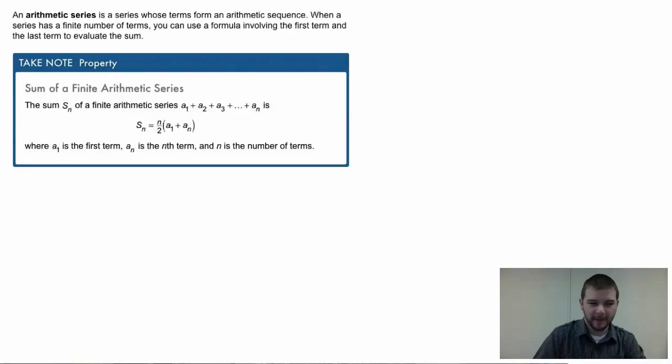The sum, S sub n, of a finite arithmetic series, a sub 1 plus a sub 2, and so on, all the way through a sub n, is S sub n equals n over 2 times the quantity a sub 1 plus a sub n.